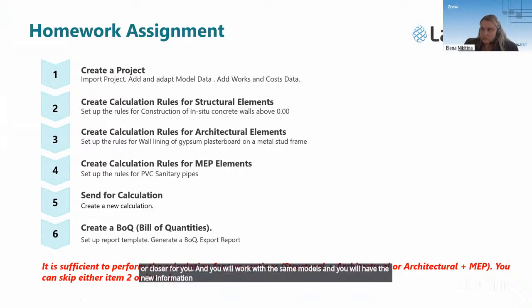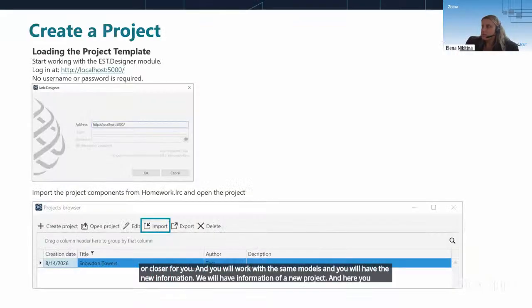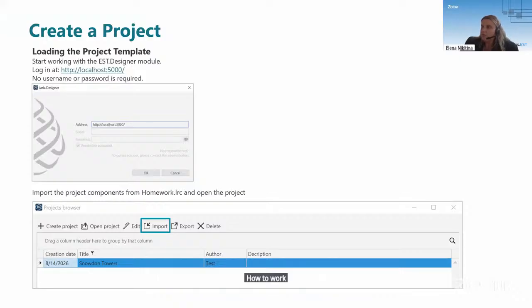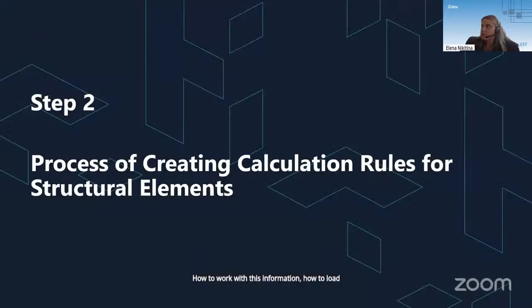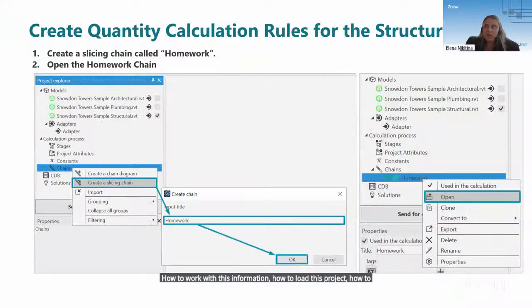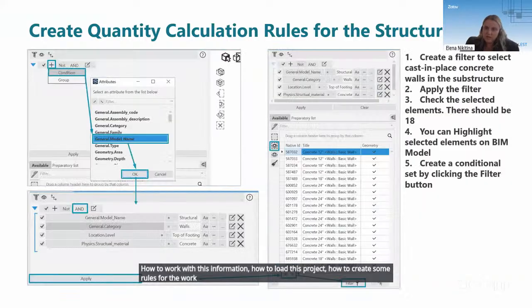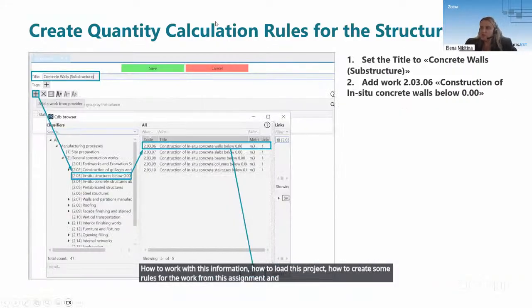We will have information of a new project, and here you can see all the steps for how to work with this information, how to load this project, how to create some rules for the work from this assignment, and other information on how to do it step by step.